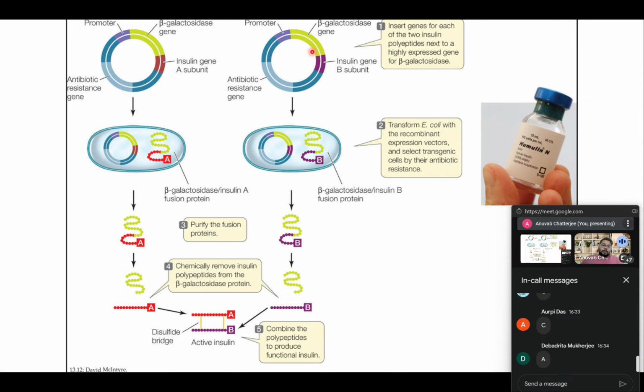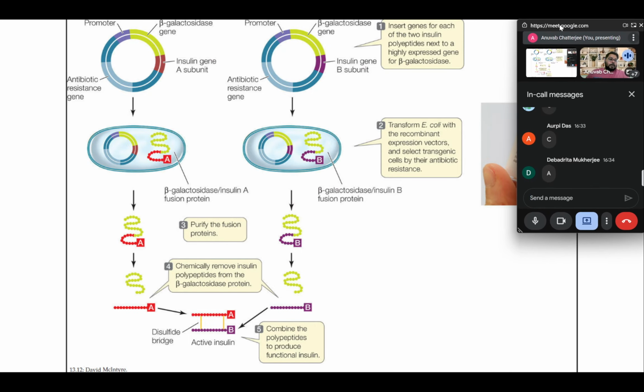You do the same thing with insulin gene B subunit, and after both the peptides are isolated, you chemically cleave beta galactosidase off and then you put them together in oxidizing conditions to form the disulfide bonds to have active insulin.